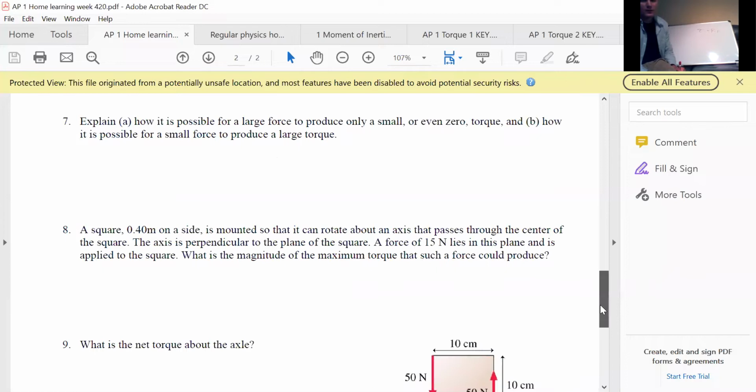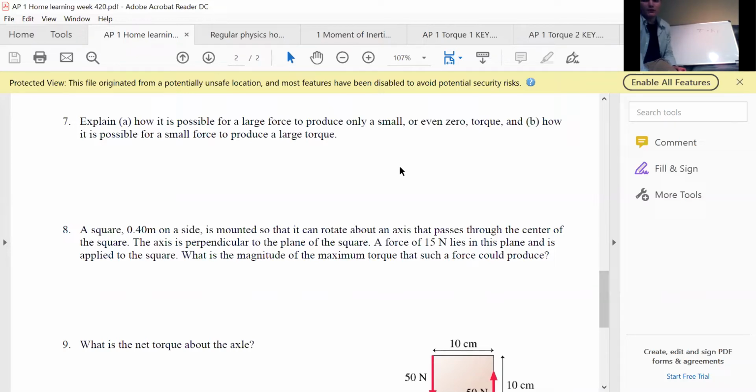All right, number 8. Number 8 says we have a square with a side of 0.4 meters mounted so that it can rotate about an axis that passes through the center of the square, which is kind of weird. And the axis is perpendicular to the plane of the square, and it wants to rotate about its center.